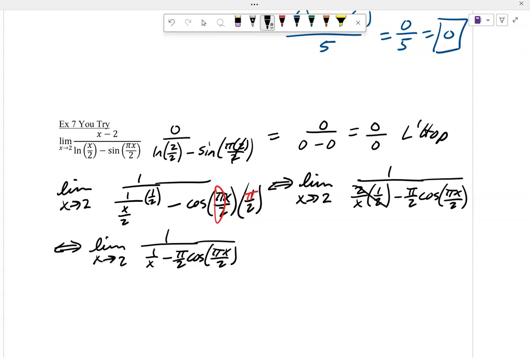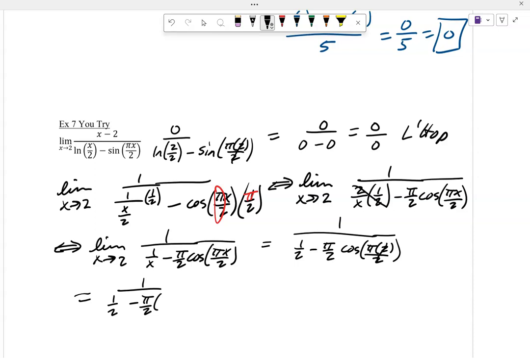All right, so now we can throw in our 2 and let's see what we get here. So we got 1/2 minus pi over 2 cosine of pi times 2 over 2. And so we've got 1/2 minus pi over 2, and we got cosine of pi.